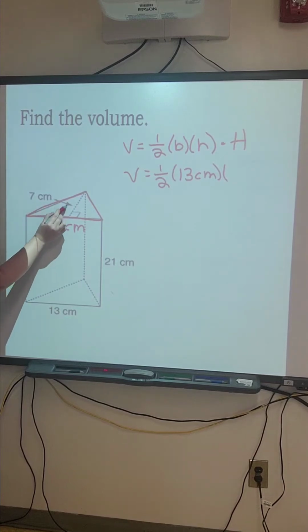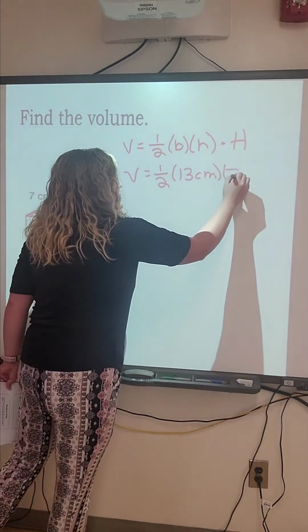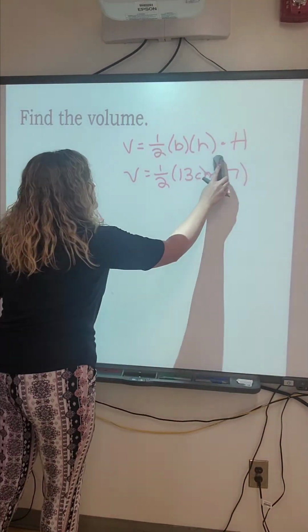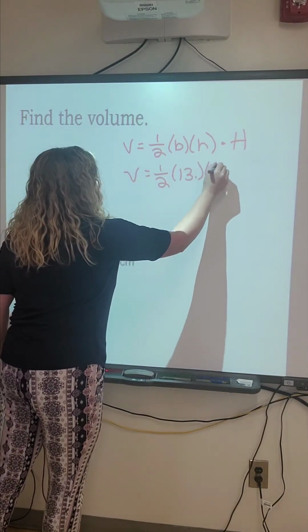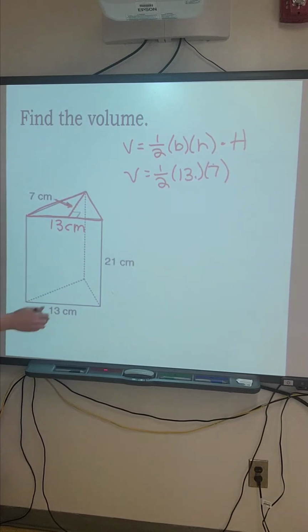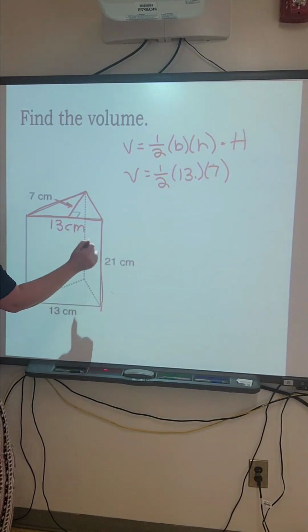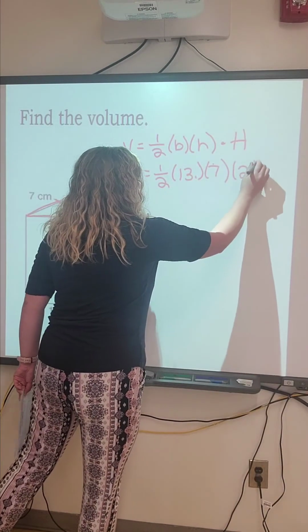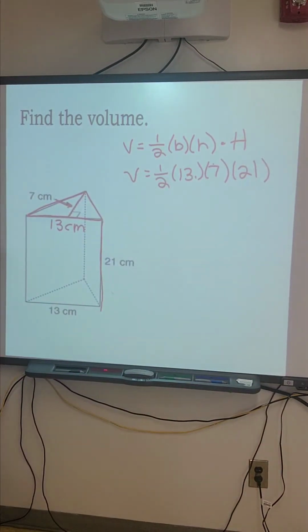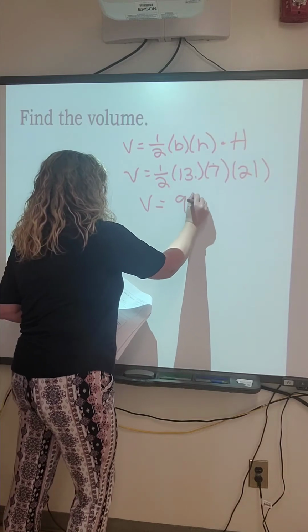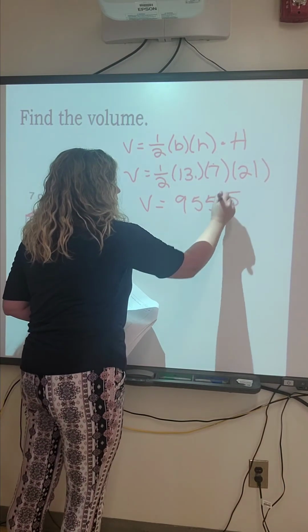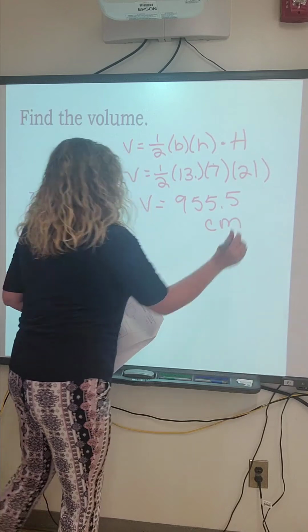Right here, this arrow is pointing to my height of this triangle, the triangular base, so 7. Times your overall height, which is this length right here, so 21. All right, whenever you multiply all of these together, you're going to get a volume of 955.5 centimeters.